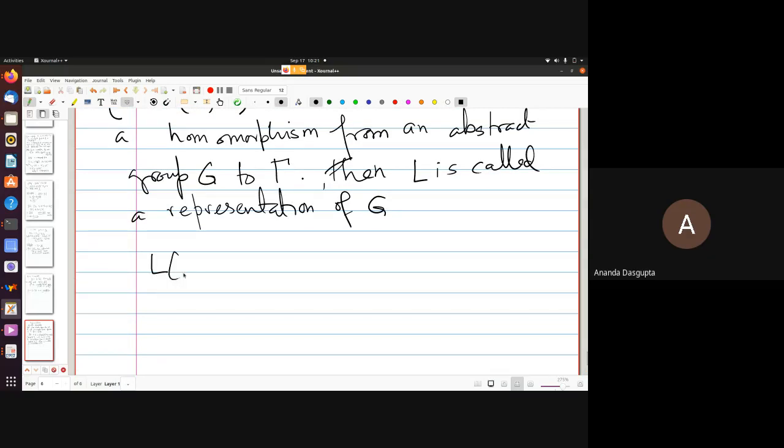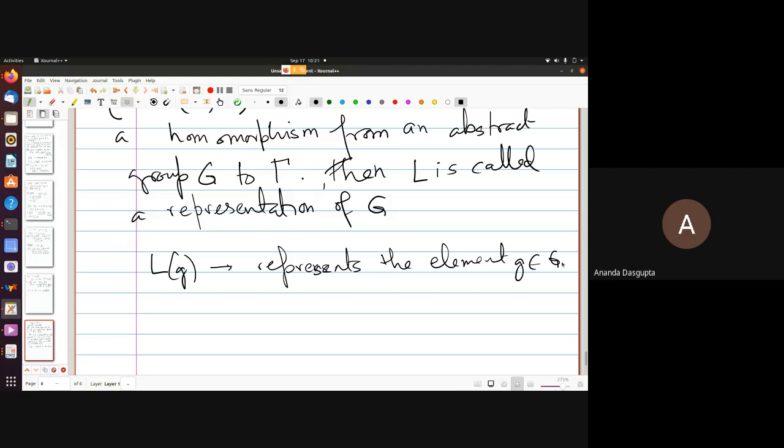Then specifically, L acting on a group element g represents the element small g. Note that here we are not defining this representation to be an isomorphism.